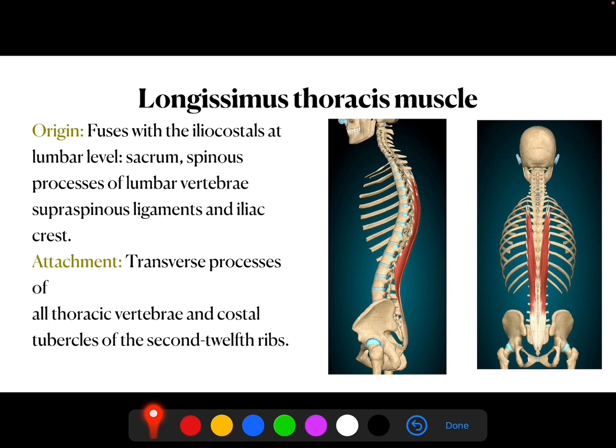Longissimus thoracis muscle. It fuses with the iliocostalis at the lumbar level, sacrum, spinous process of the lumbar vertebrae, the supraspinous ligaments and iliac crest. It attaches at the transverse processes of all thoracic vertebrae and costal tubercles of the 2nd to 12th ribs.